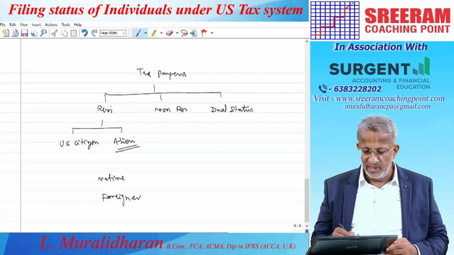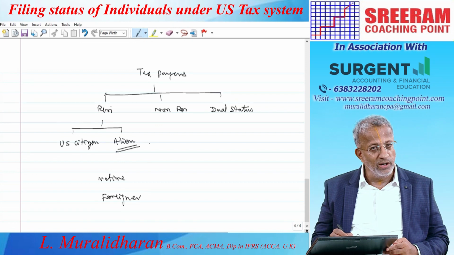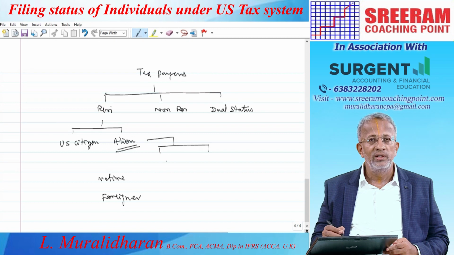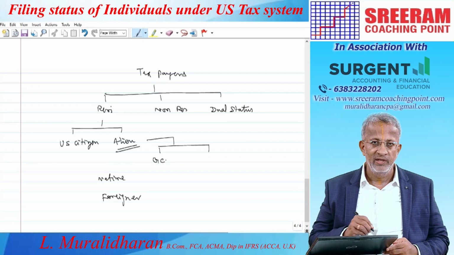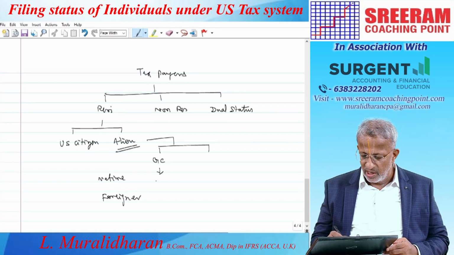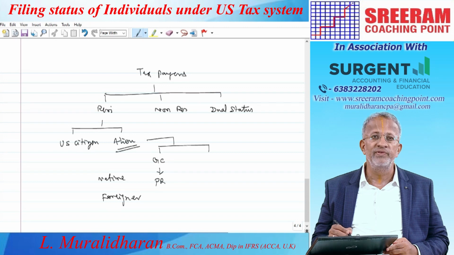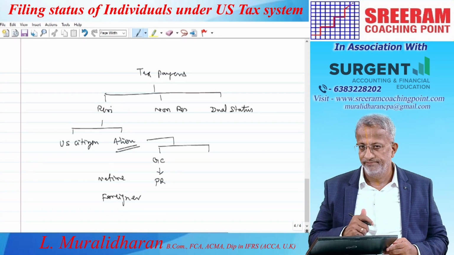Now, this alien can become a resident by satisfying certain conditions, where he can be referred to as a green card holder, who will be given permanent residentship, which you call in short PR.